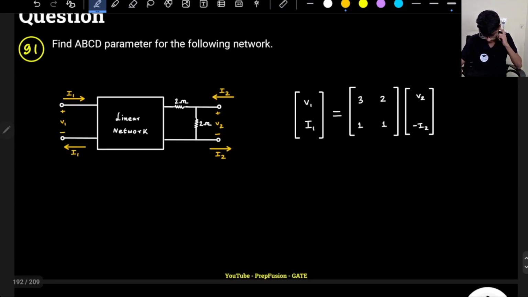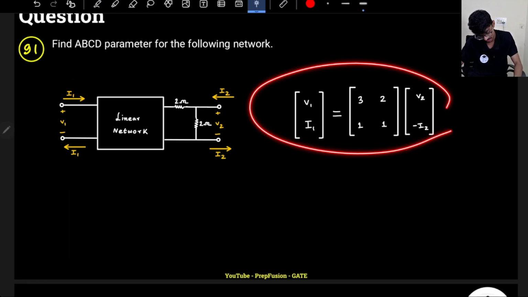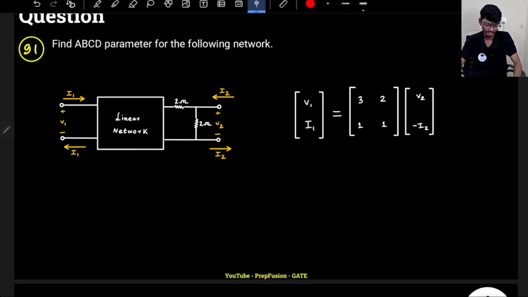Now let's come to the next question. If this matrix is given, we have to find the ABCD parameter of the following network. Basically they're asking for the ABCD parameter of the whole network. It seems simple, right?